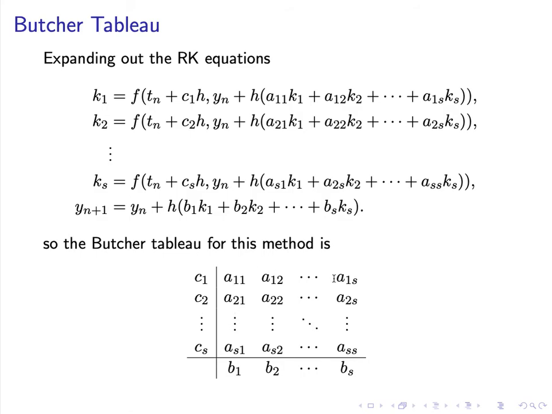We have the A values, so these are all in the calculation of K1, K2, etc. And this is in the upper right quadrant. And the B coefficients, this is what we use in our weighted sum to calculate y_{n+1}, and this is in the lower right quadrant. So a Butcher tableau is just a convenient way of defining a particular Runge-Kutta method.